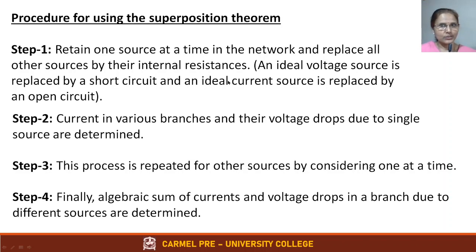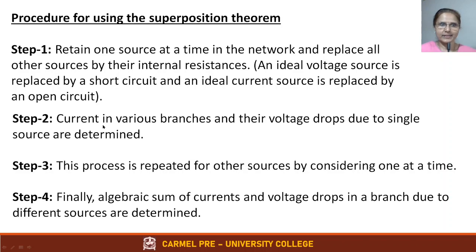If it is a voltage source, then by internal resistance. If it is a current source, also by its internal resistance. But ideal voltage sources and current sources are replaced by short circuit and open circuit respectively. So for your scope of understanding, again, we are considering ideal voltage source and ideal current source. So it is going to be very easy.